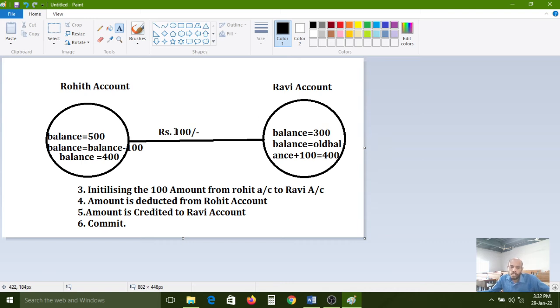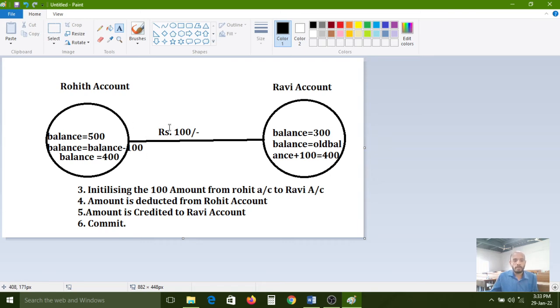If the transaction is successful, this 100 rupees will be credited to Ravi's account. While doing this transaction, if any power failure, hardware failure or software failure occurs, then this 100 rupees will immediately be transferred back and recredited to Rohit's account, because Rohit should not lose this amount unnecessarily.